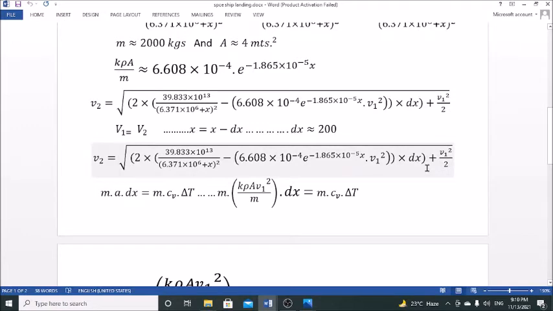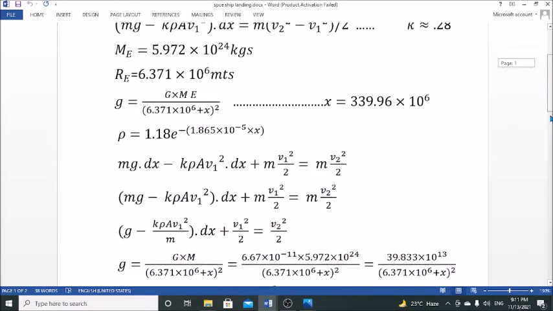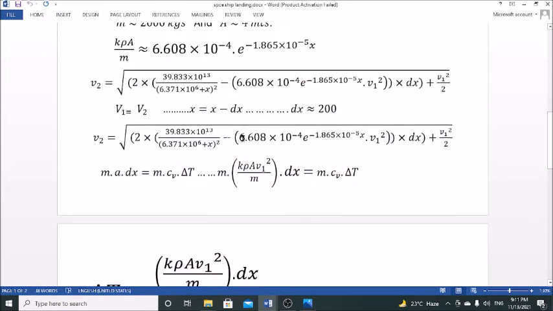In the next step, we'll consider the v2 obtained as being the v1, and the new x would be the x of the previous step, subtracting dx from it. So our new x in the third step would be the first x, the original distance here, minus 2 dx's, and in the third step we'll take the fourth step, and so on.